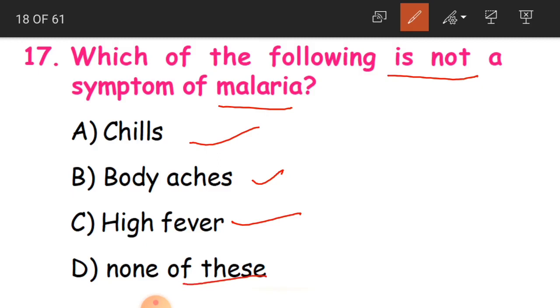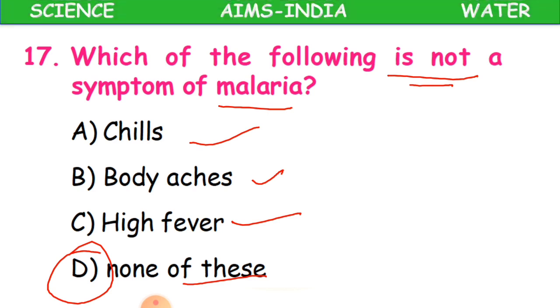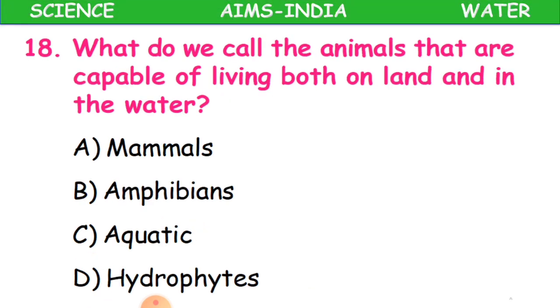Body aches is nothing but body pains, and you also have high fever. These three qualities will be there when you have malaria. So, our answer is none of these, because in the question they have asked which is not a symptom, but we have all these symptoms in malaria. Clear, children? Now the 18th question.